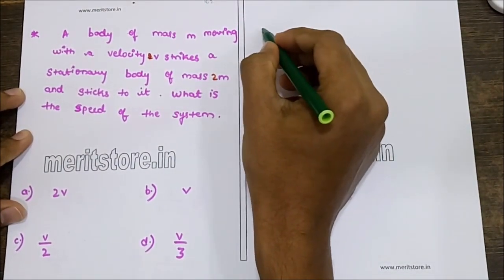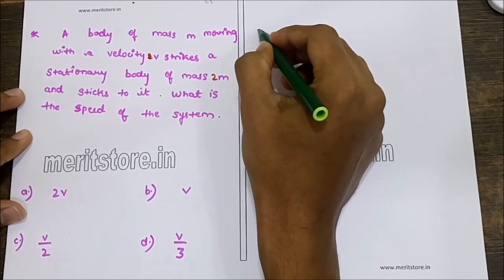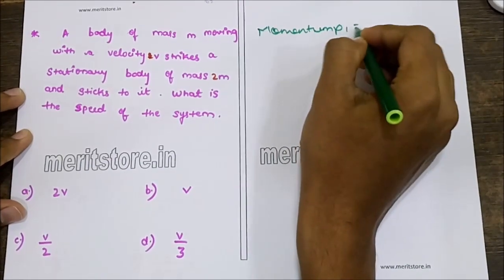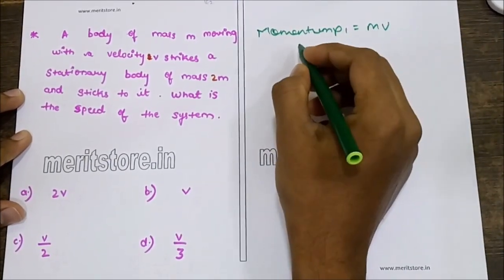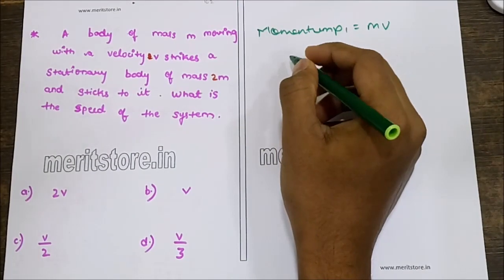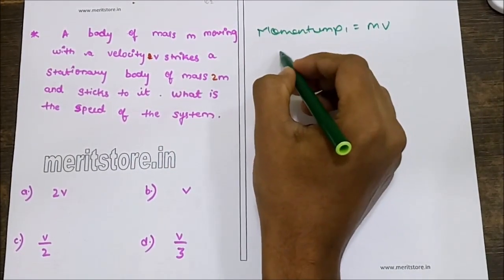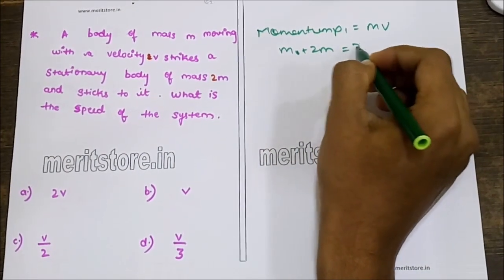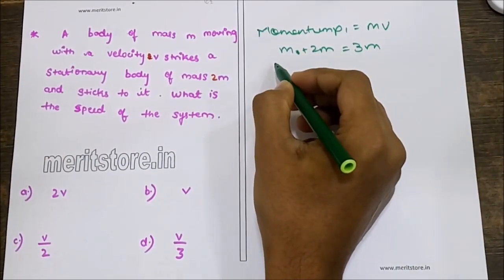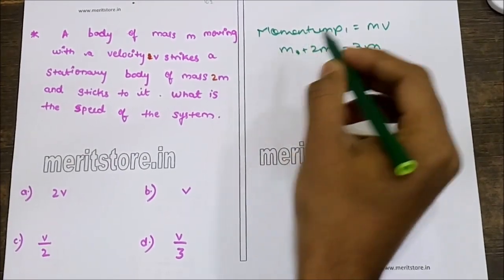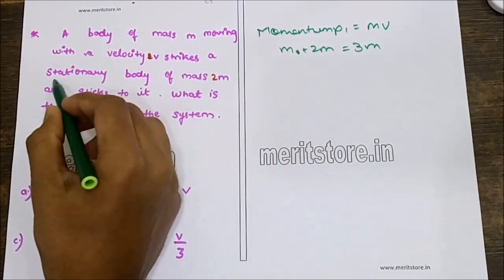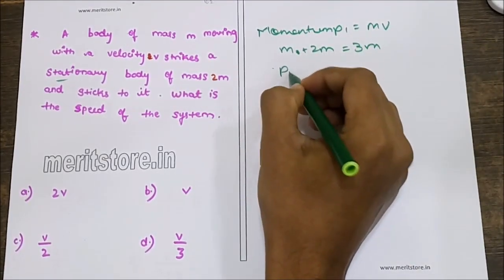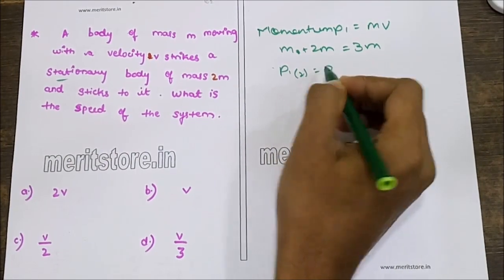Now, the initial momentum of the first body is given by P1 is equal to m into v. After striking, the combined mass of both the bodies is m plus 2m, that is equal to 3m. Since the second body was stationary, the initial momentum of the second body would be 0.